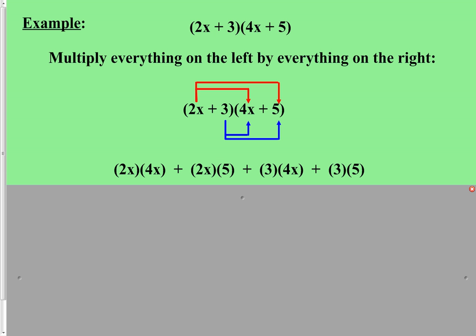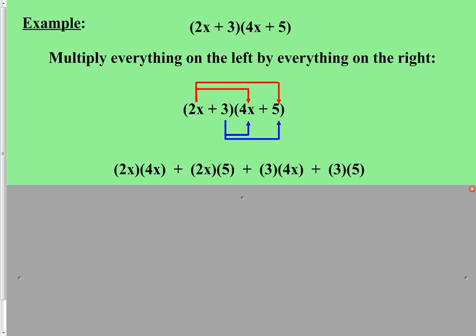This is a step you don't necessarily need to show when working your problems, but I'm showing it here to make sure nobody's confused. The 2x times the 4x, the 2x times the 5, the 3 times the 4x, and the 3 times the 5. Every term is going to hit every other term.